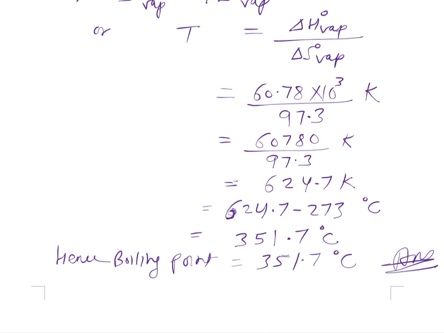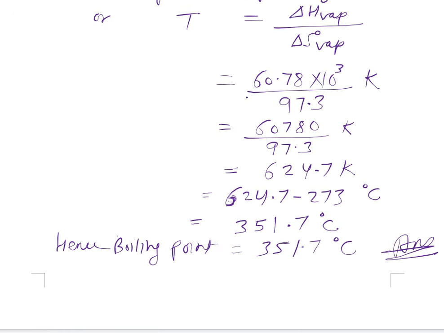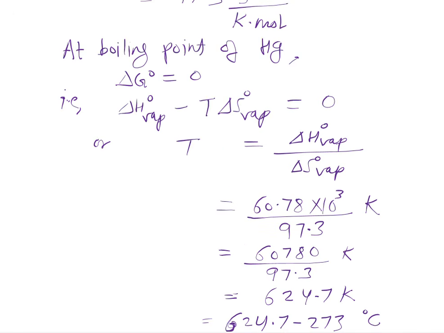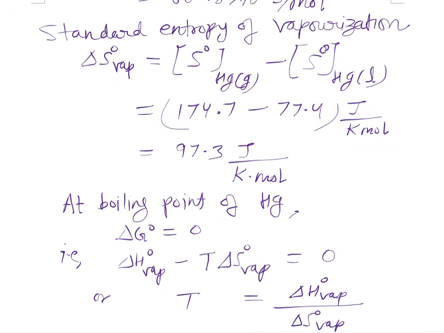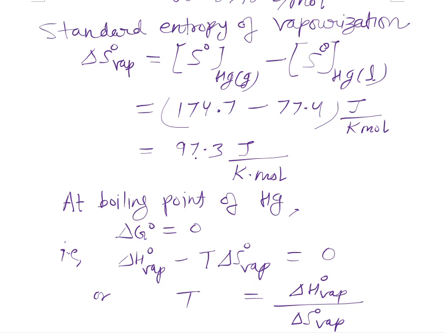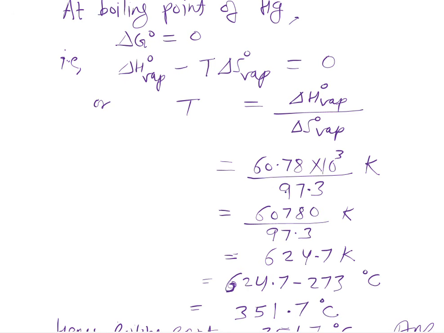Putting the values of these two terms, we are getting 60.78 into 10 to the power 3, which we have calculated here itself, and then delta S naught of vaporization 97.3. Both the values are taken from the earlier calculations. Then we will solve it. We get 60780 divided by 97.3, which comes out to be equal to 624.7 Kelvin.